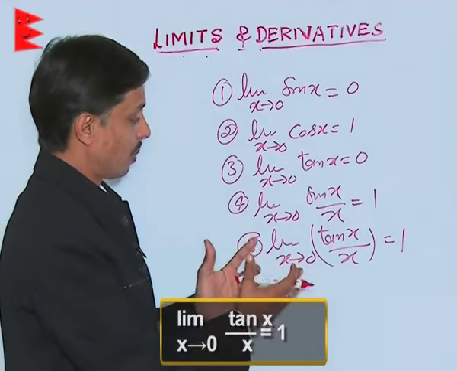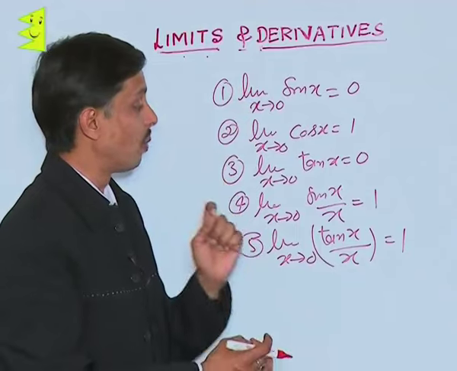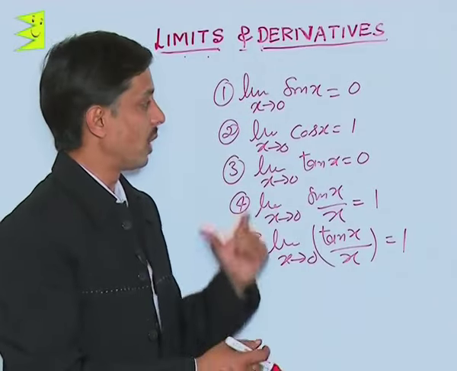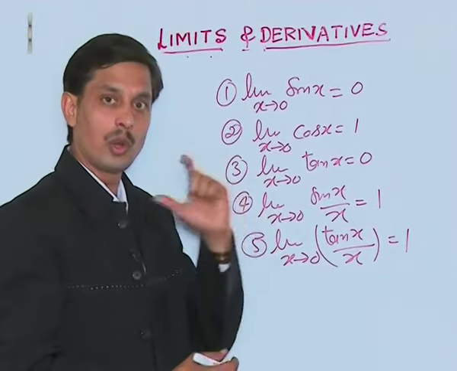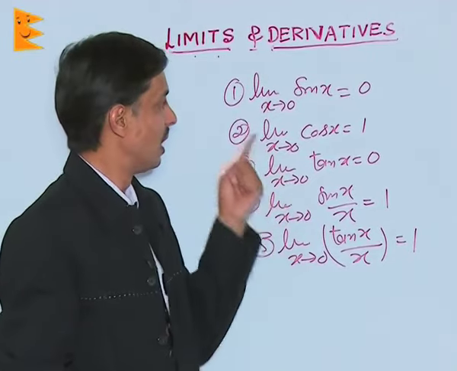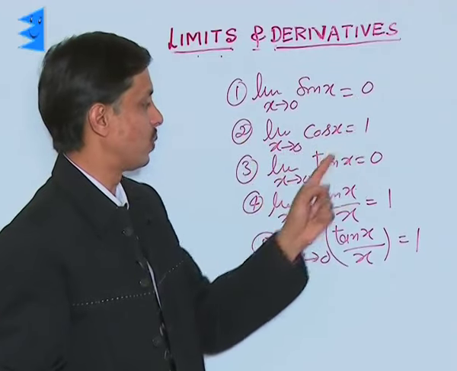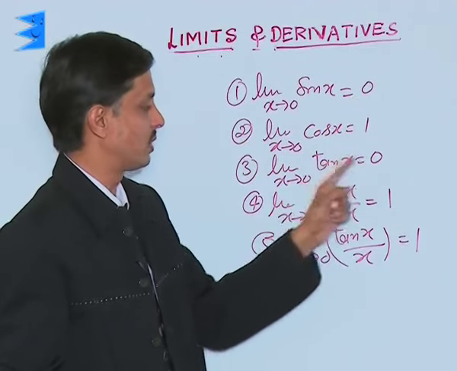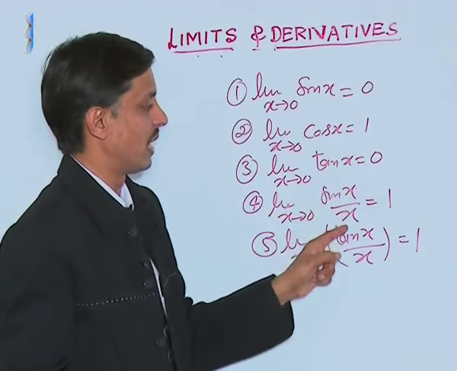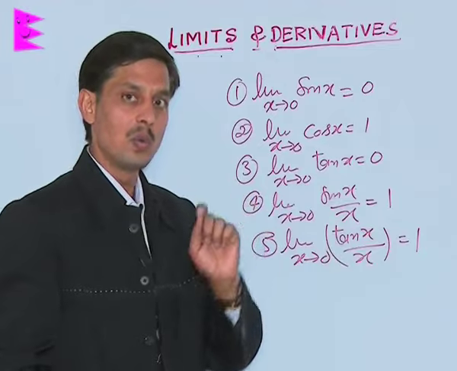So these are the results related to trigonometric limits, and whenever we solve any trigonometric limit problem, we have to remember them. Limit of sin x is 0, limit of cos x is 1, limit of tan x is 0, limit of sin x upon x is 1, and limit of tan x upon x is 1.